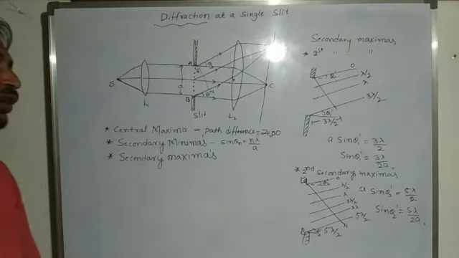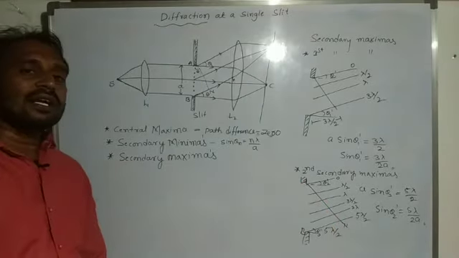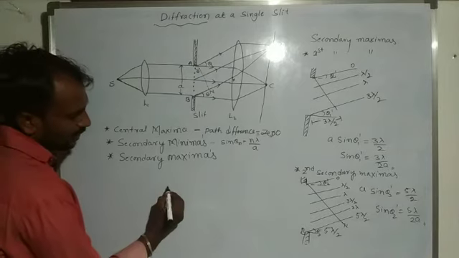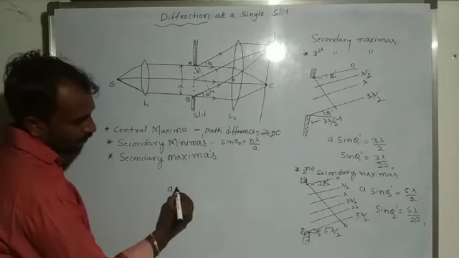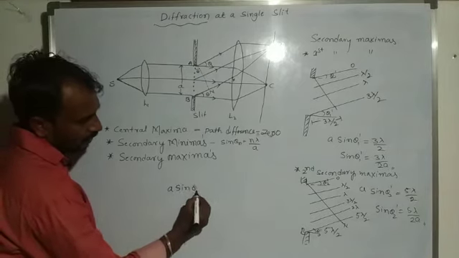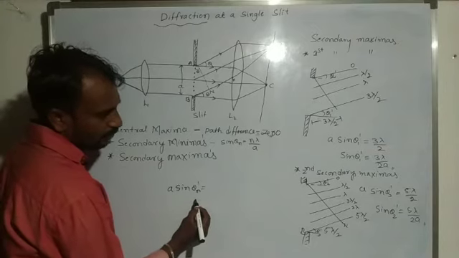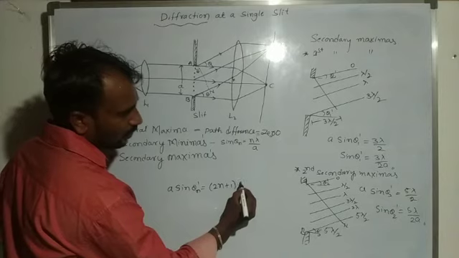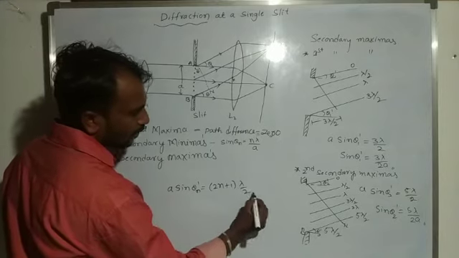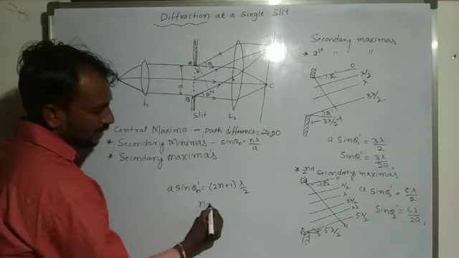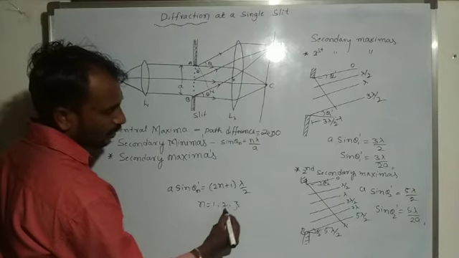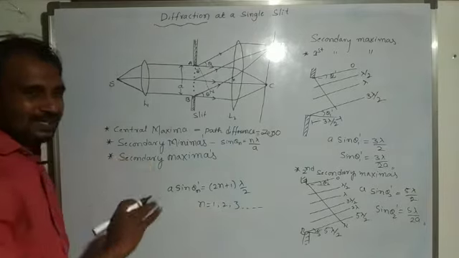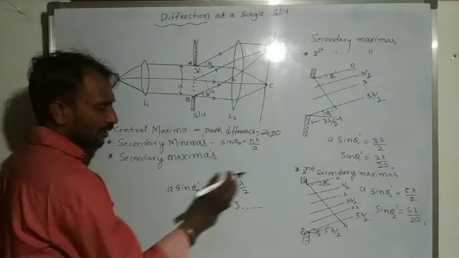Suppose we want to find the nth secondary maxima. For the nth secondary maxima, a sine theta n dash is equal to 2n plus 1 lambda by 2. Here n we consider 1, 2, 3 up to any number, up to the nth number.